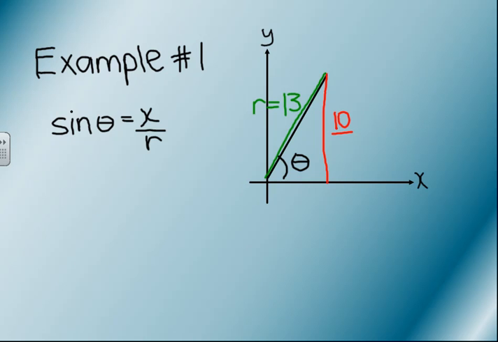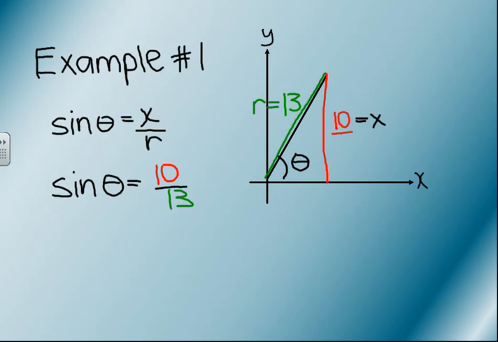Since we know x and r, let's just plug them in. So we have cosine, we have x of 10 and an r of 13. So now we know that cosine theta is a ratio of 10 to 13, but we want to know theta all by itself.